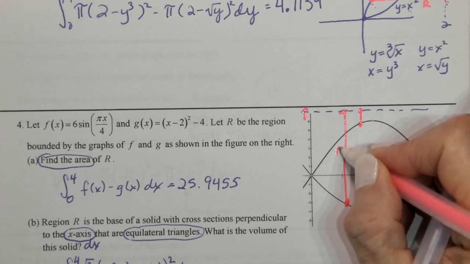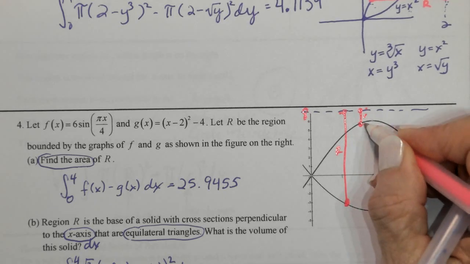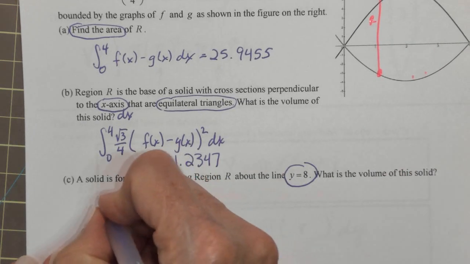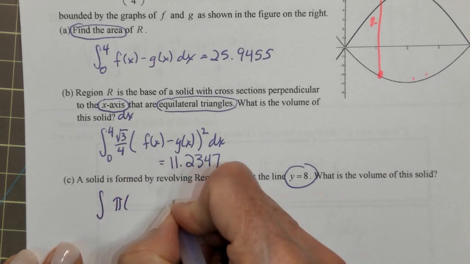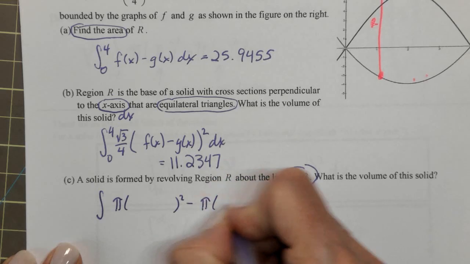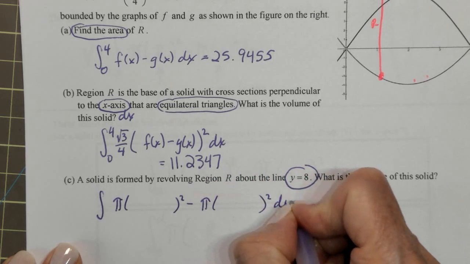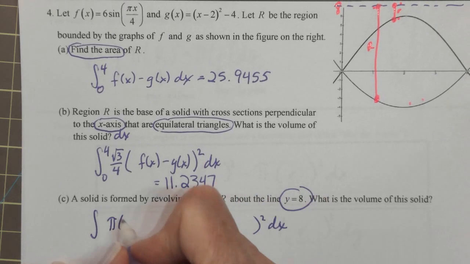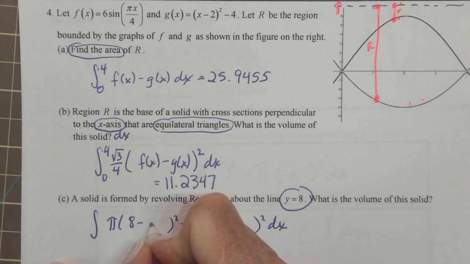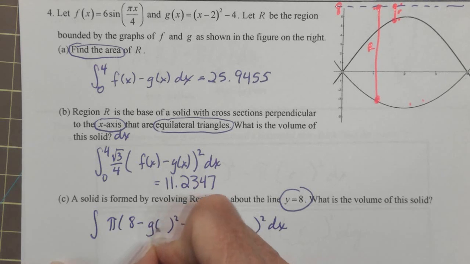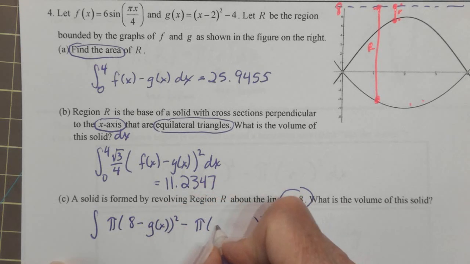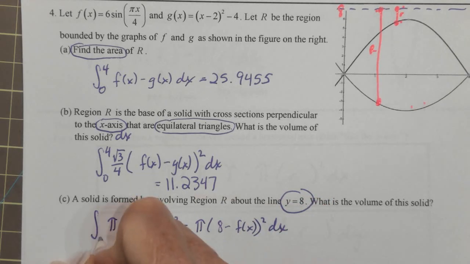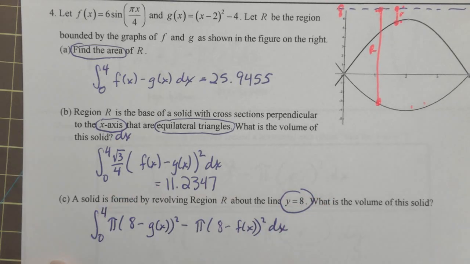Little r is going to be 8 minus f of x. So pi big R squared minus pi little r squared. Big R, like I said, top minus bottom, 8 minus g of x. That was on the bottom. Little r, 8 minus f of x. That was on top. Still 0 to 4.